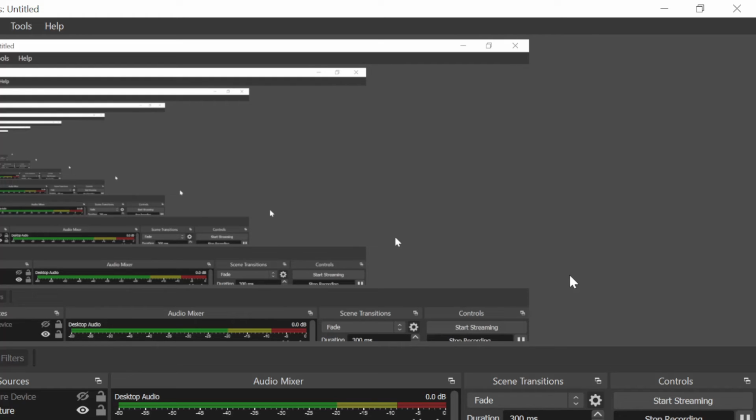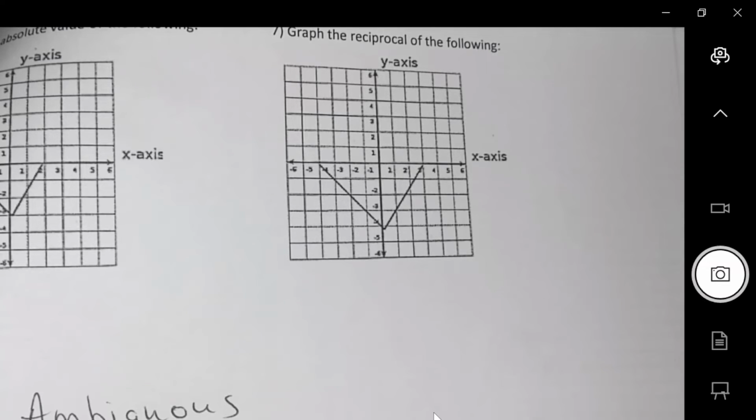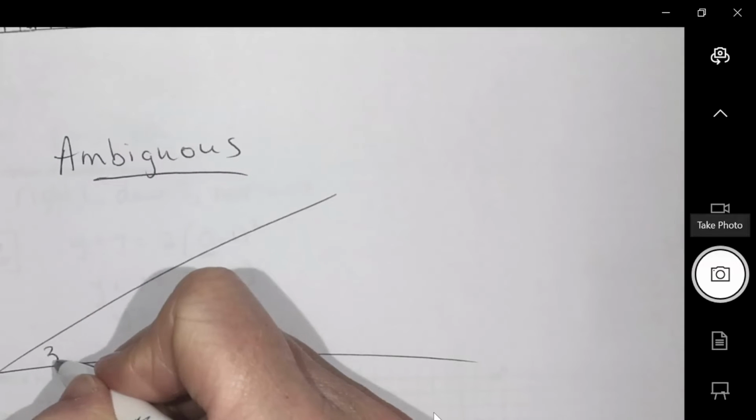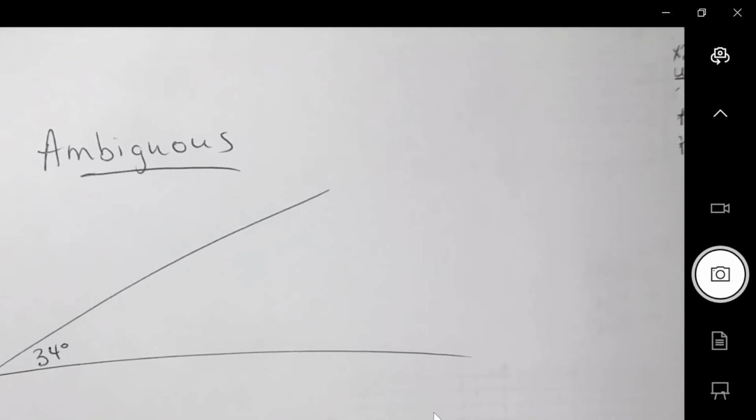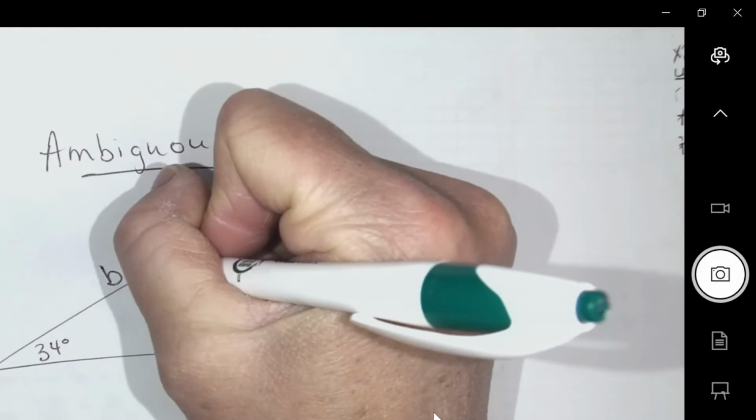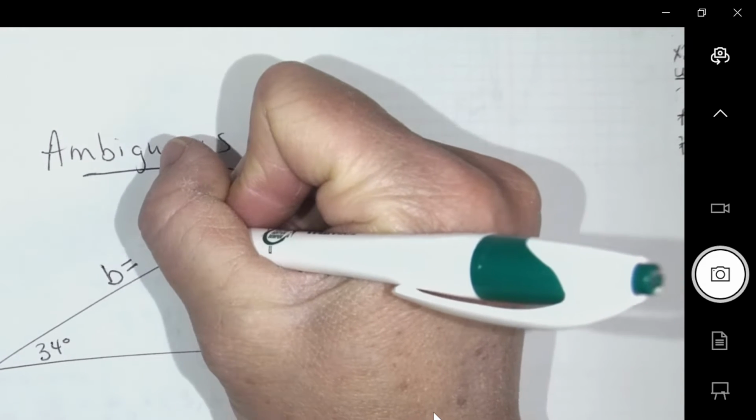Okay, let's do an ambiguous case. Here's what I'm going to give you. An angle of 34 degrees, calling it angle A. I'm going to give you a side B of 8.